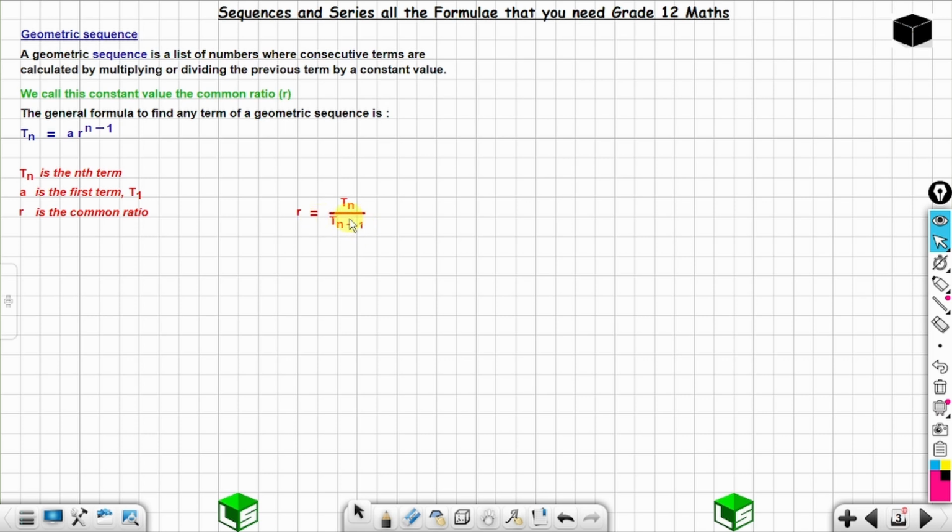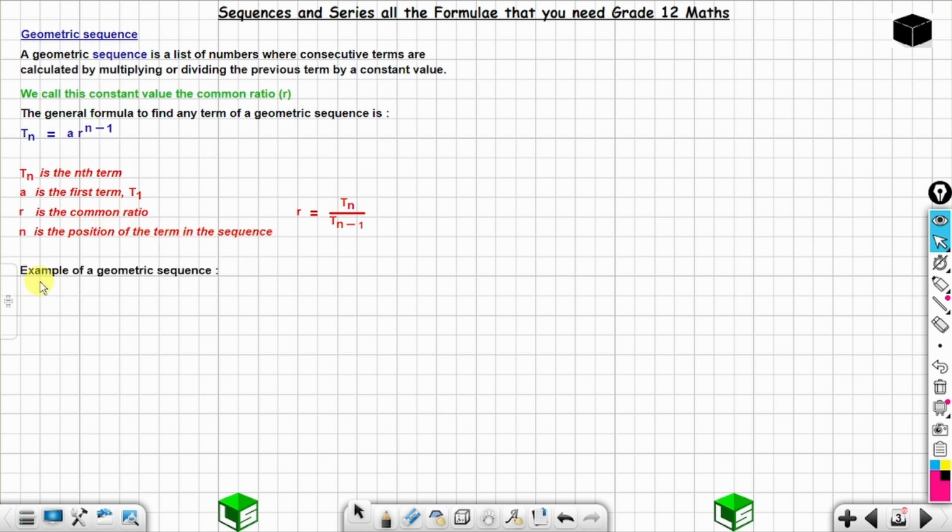We are going to see that. Now, N is the position of the term in the sequence. If you are calculating T1, N is equal to 1. If you are calculating T2, N is equal to 2. If you are calculating T3, N is equal to 3.